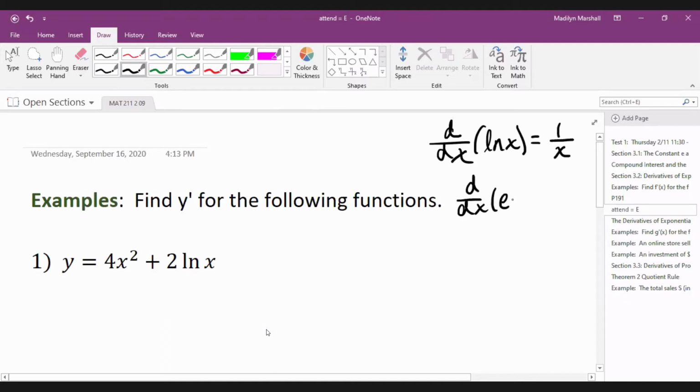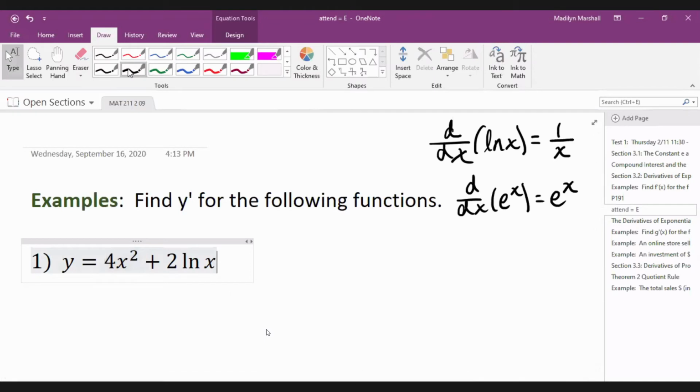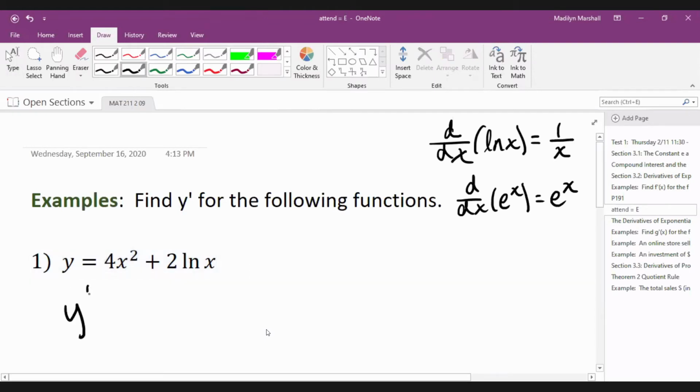And the derivative of e to the x is e to the x. So now we're finding y prime. So y equals 4x squared plus 2 ln x. So the 4x squared part is just our power rule. X is on the bottom, so we have 8x.